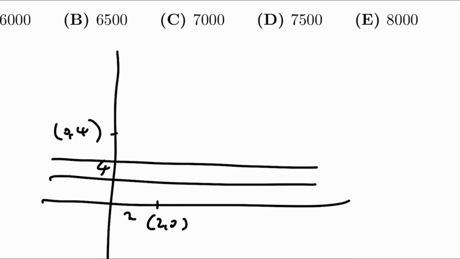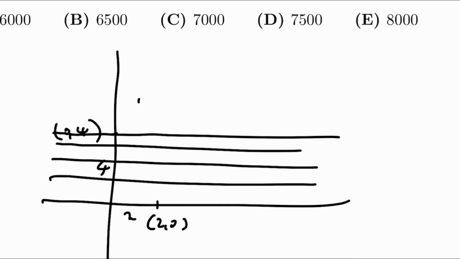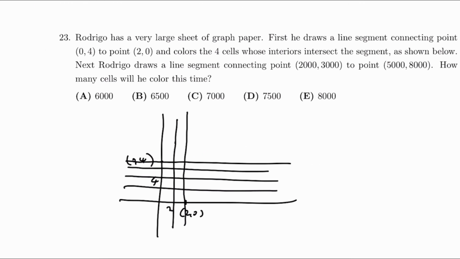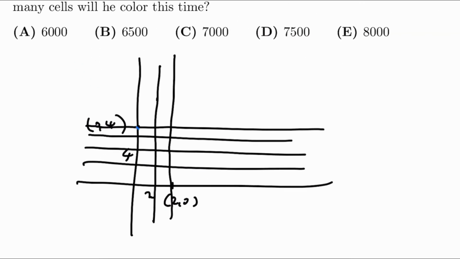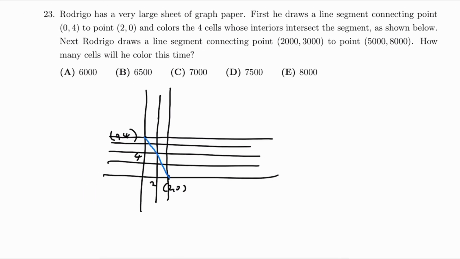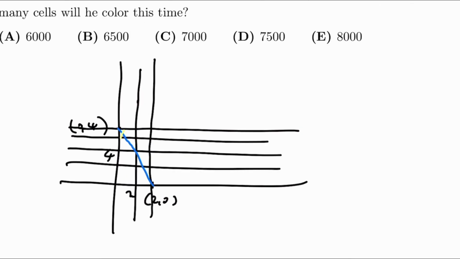So graph paper looks like this, right? 1, 2, 3, 4, 1, 2. Graph papers look like this. And he drew a line segment from 0, 4 to 2, 0, and colors the 4 cells, that is these 4 cells.